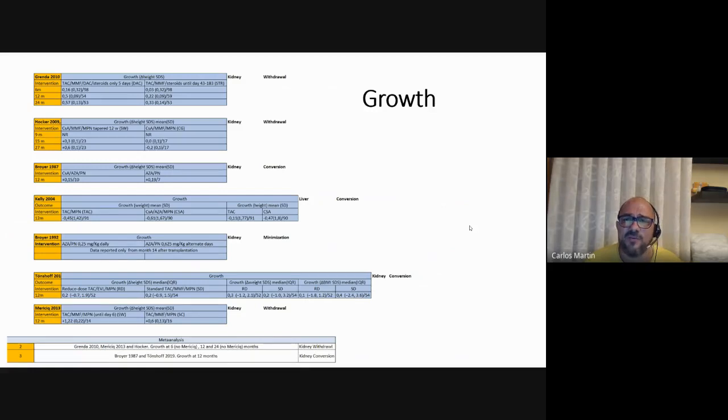There are some differences between organs. Some of the studies report no difference or a very minor difference in height. Some of them report a big difference. So I think the meta-analysis about growth is going to be very, very interesting.